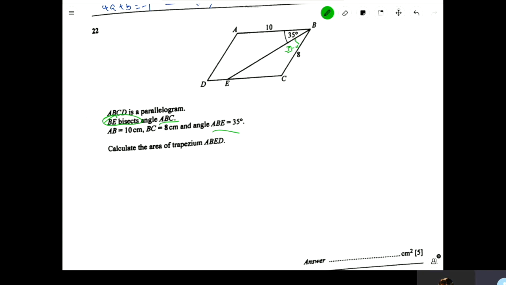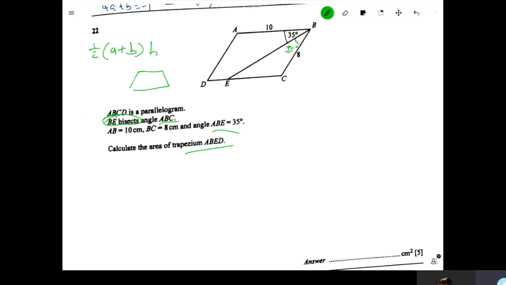ABED, okay, so what's the formula for trapezium? Can you recall the formula for trapezium? Half times A plus B times height. A plus B is the sum of the parallel sides.